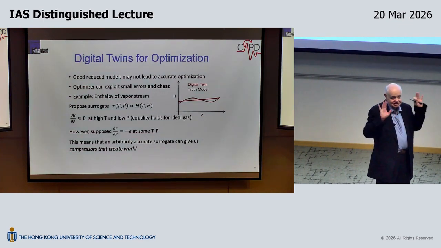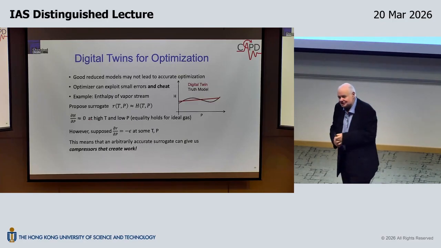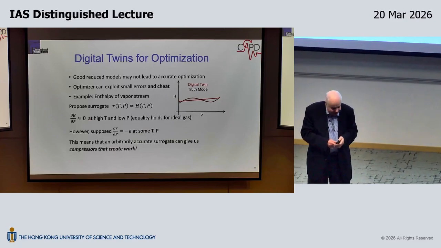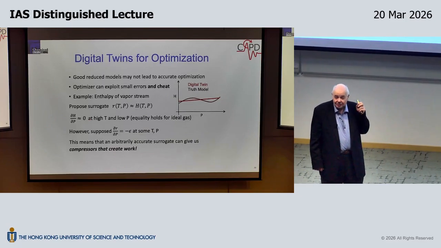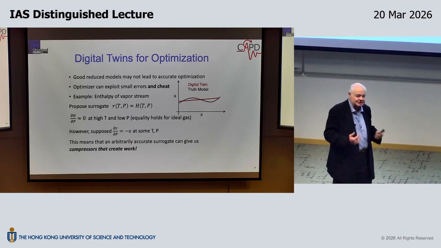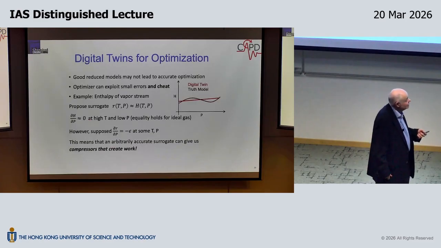Just to not belabor this point, this is something we discovered in a different case study, where we had a digital twin that was used on steam table data. You have this table of thermodynamic properties of steam, and you want to build a digital twin that models your properties, the enthalpy of steam tables.